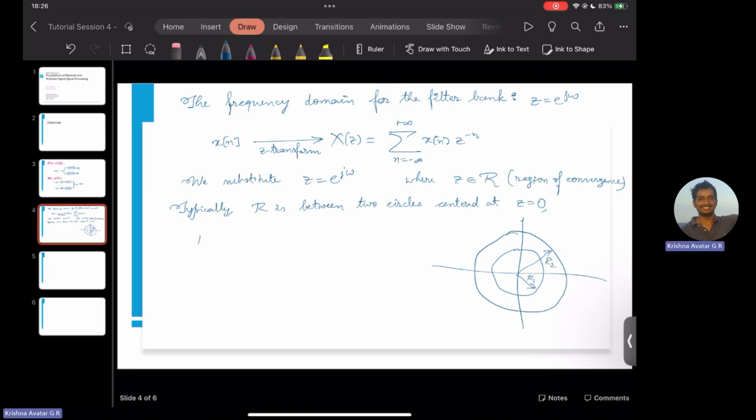R1 could be 0, and R2 could be infinity, and the boundary circles may be included or excluded. In particular, if we look at the unit circle, then the unit circle, of course, lies in this particular region of convergence, right?